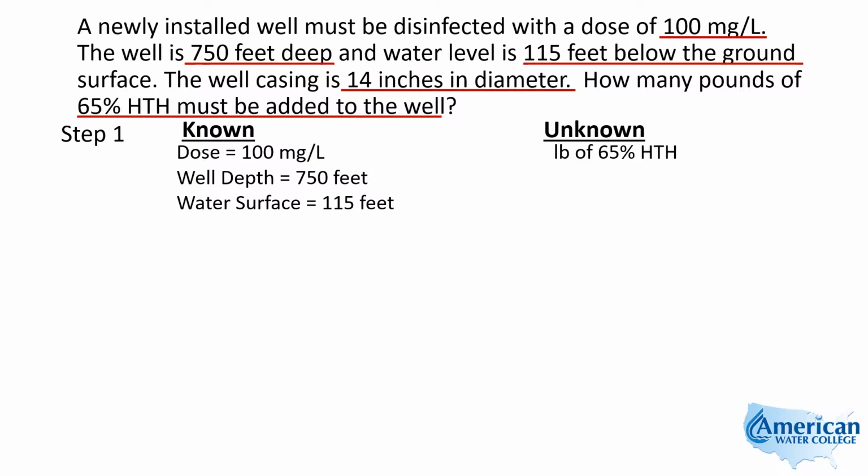The water surface is 115 feet below the surface, which means the difference between 750 and 115 is the actual water level in the well. And the diameter is 14 inches, so I converted that 14-inch diameter to feet by dividing 14 by 12, and that gives me 1.167 feet for my diameter.